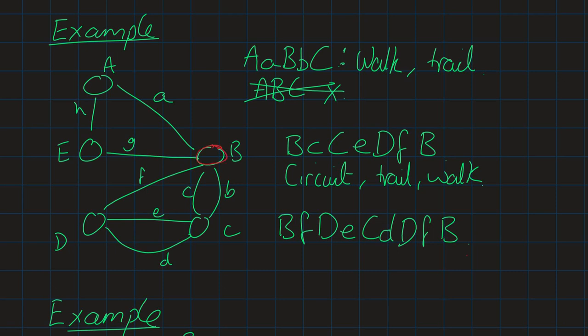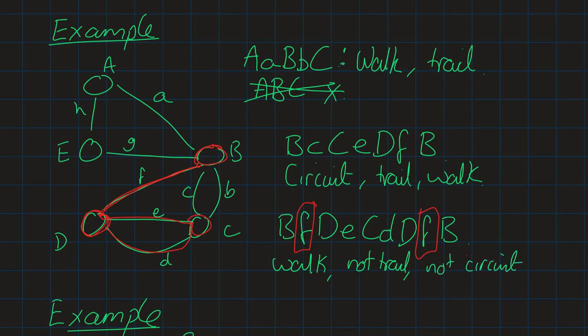That's B, f to D, e to E, c to C, d back to D, and then f back to B. So it's got the edge f twice. It's got a repeated edge, which means it's a walk, but not a trail and not a circuit, because it has a repeated edge.